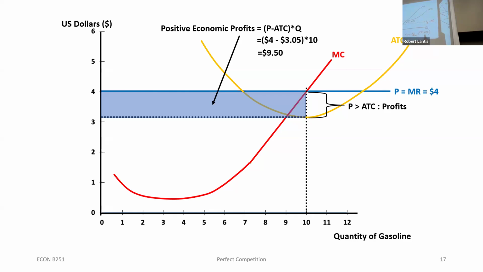In this scenario, price is below average total cost, so my profits will still be represented by this rectangle, the difference between price and average total cost times the quantity the firm chooses. But now these profits will be negative, right? So now I've got negative profits. Now, it still might be that operating at that point still maximizes profits, okay?